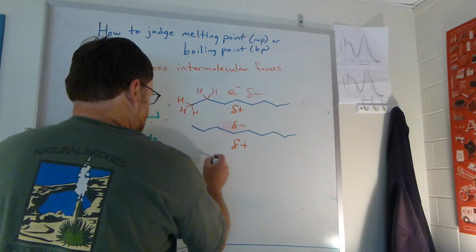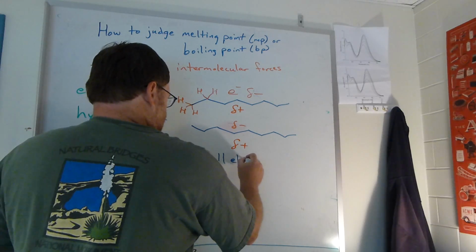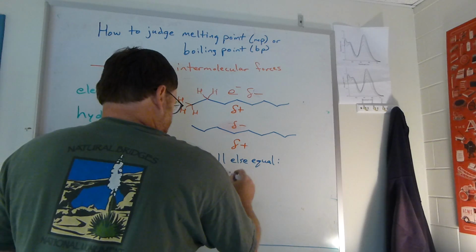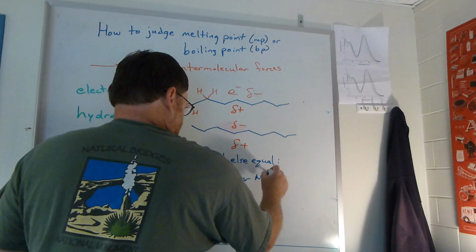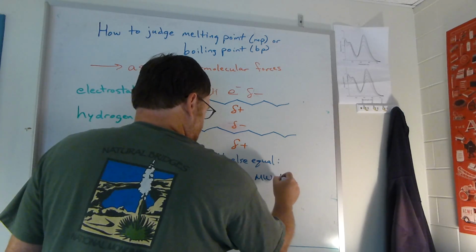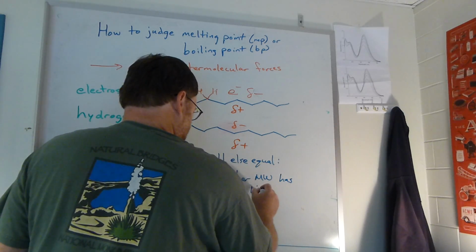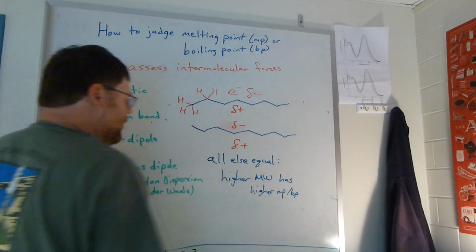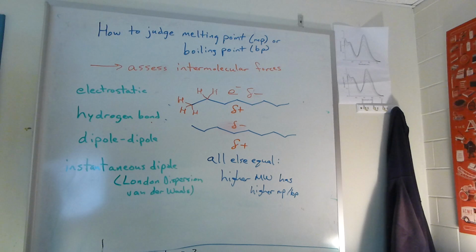So, all else equal, the higher molecular weight has higher MP and BP. Okay, so all else being equal, the higher the molecular weight of a molecule, the higher its melting point and boiling point is going to be.